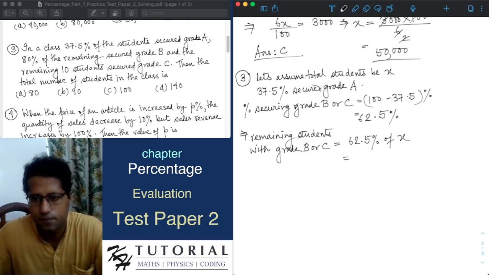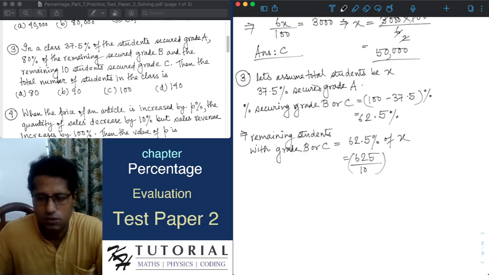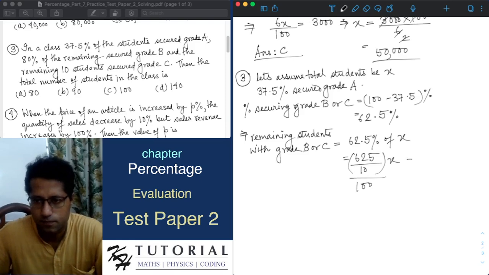So 62.5 in fraction is 625 by 10 divided by 100, multiplied by x. So this is 625x by 1000.